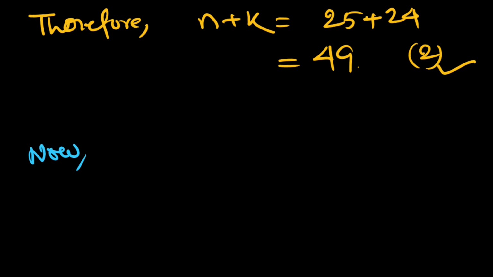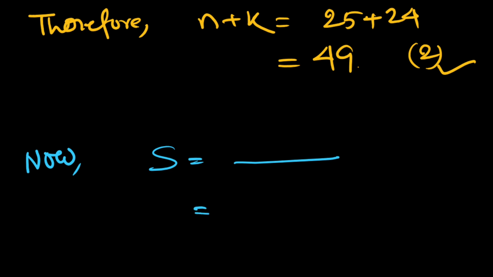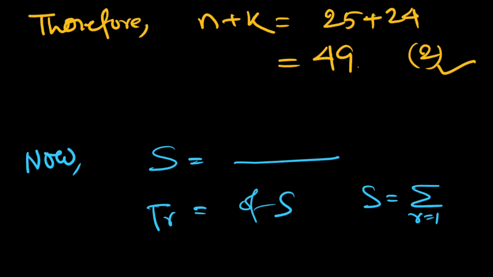In the overall question, it is given that s is equal to some expression of factorials, and we see that one pattern follows this sum of factorials. Then we write the general term tr of s, and s can be written as the summation r equal to 1 to 13 of tr.